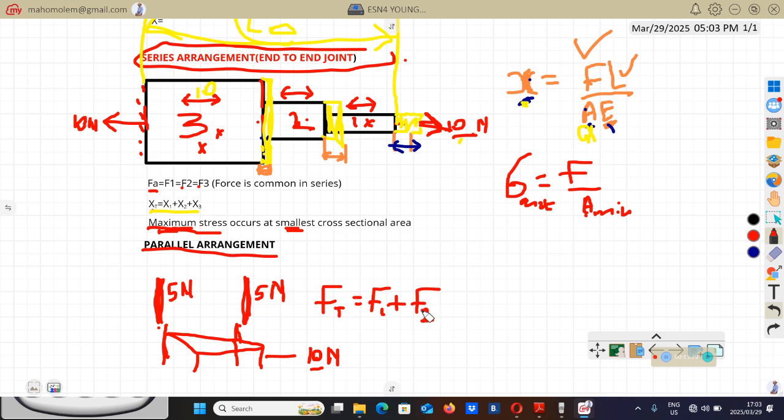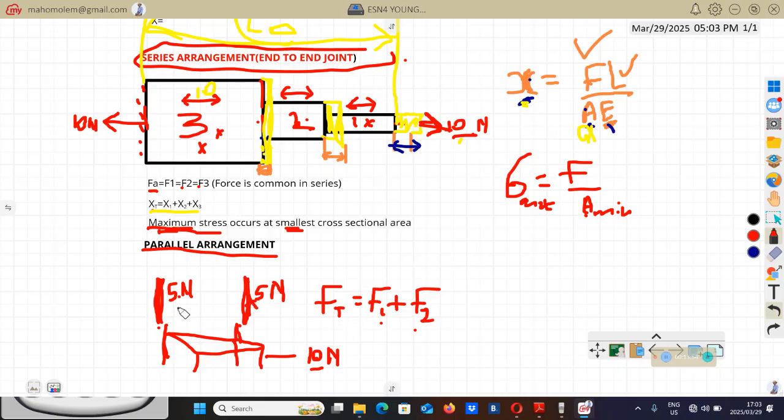In this case, it's no longer that F1 is equal to F2, or FA is equal to F1 and so on. Yes, in this scenario F1 will be equal to F2, but the fact remains that these two will share the load.